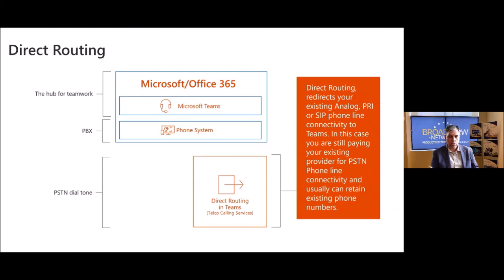You connect that to your existing phone system and or to your existing phone line connectivity. And then from there, you reroute your phone calls to Microsoft's cloud, which also gives you the ability to integrate Microsoft's cloud phone system with your on-premise phone system, if that's what makes sense for your migration.